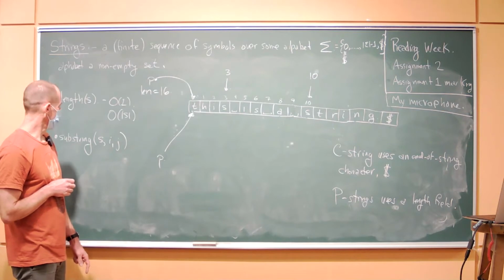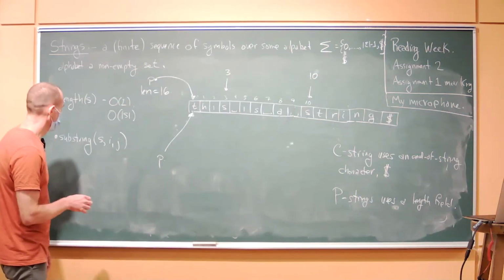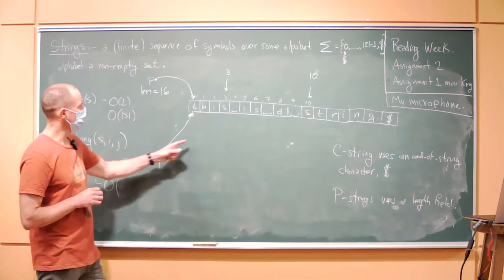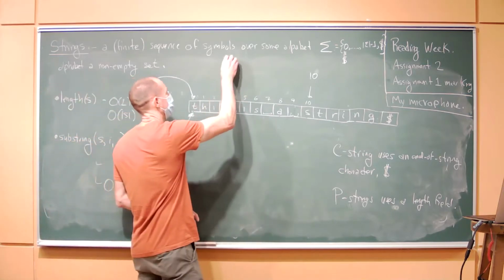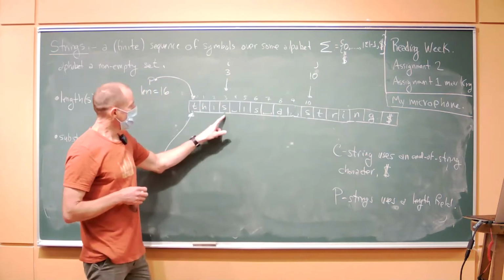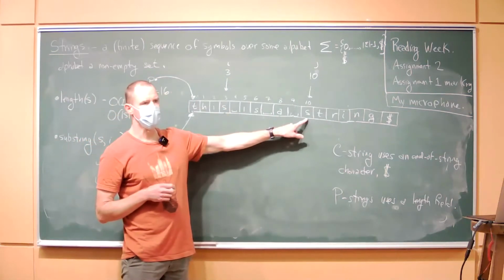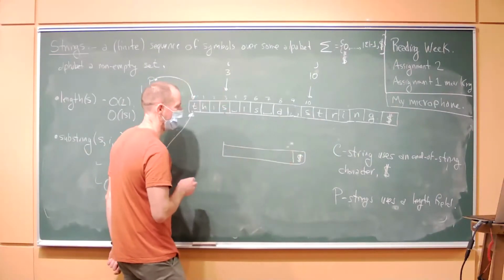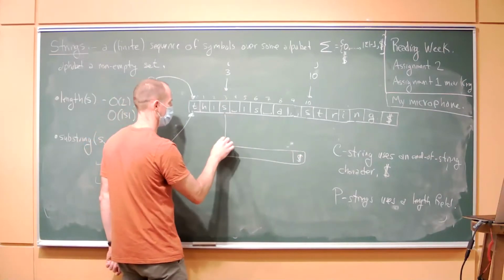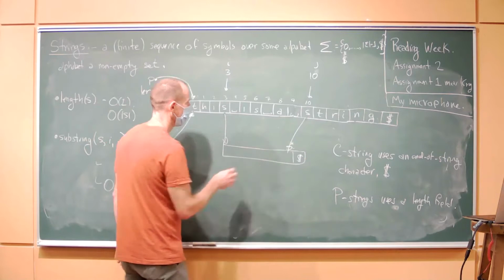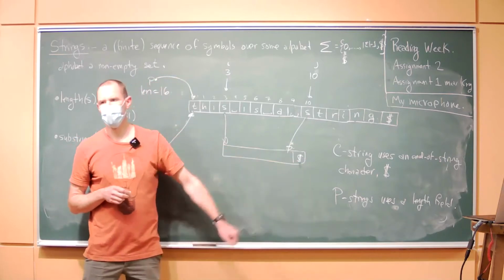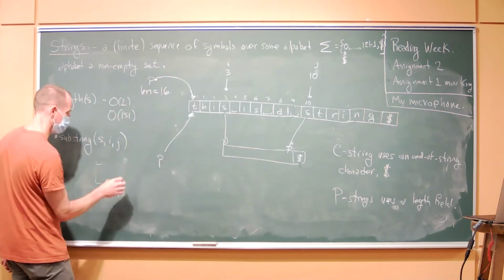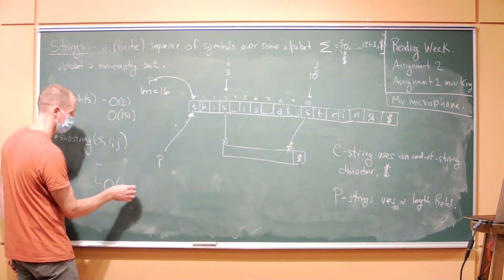And how long does that take? For a C string, you can go straight to the index i, and you can copy the string up to index j into a new array. And don't forget to add an extra place at the end of that array to store the end of string character. So all of this stuff gets copied. That takes time which is basically proportional to the string you're making, which is something like j minus i plus 1.